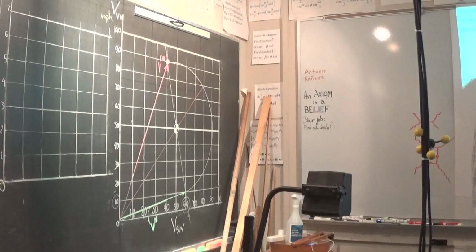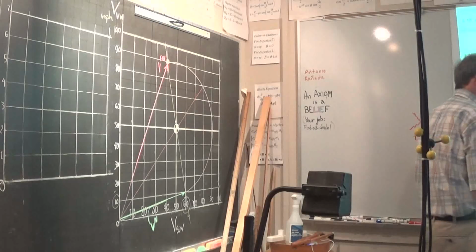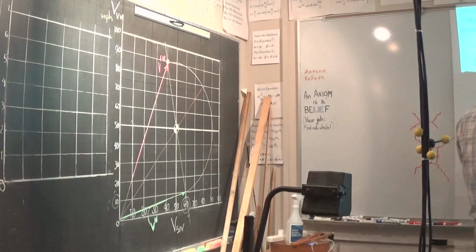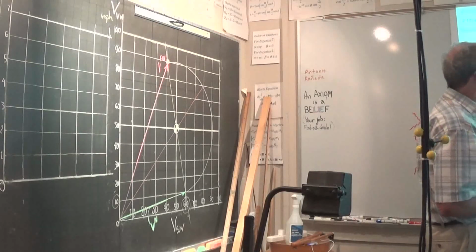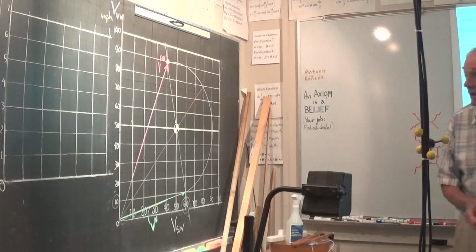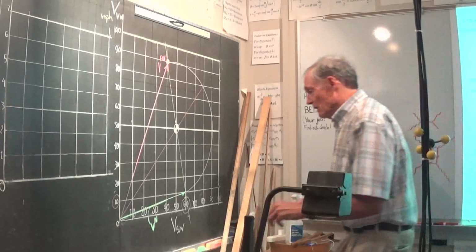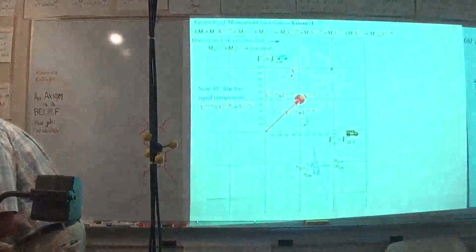Now you can go ahead later on and finish the parallelogram here, but everything has to balance. This distance up to that point would have to be the same as the length of the center of momentum vector, and we might as well get that one on here right off the bat.